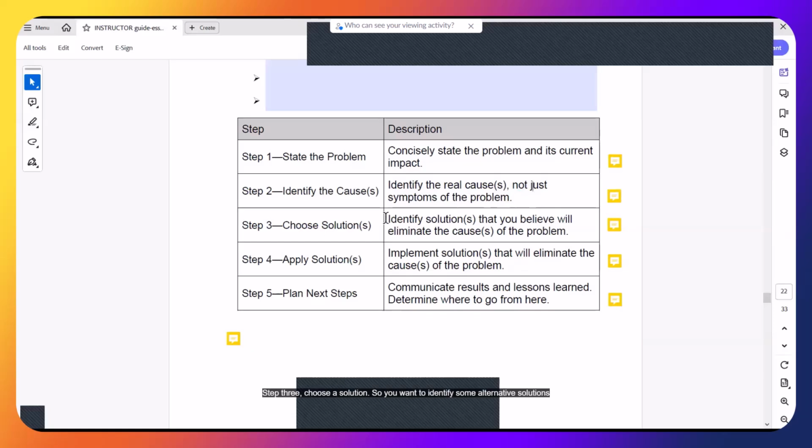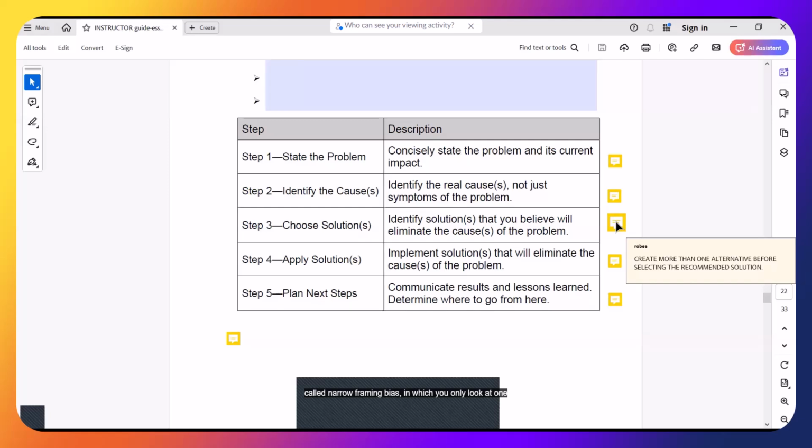So you want to identify some alternative solutions to the problem, and then eventually you'll choose the one that you want to run with. And that's the idea, is you want to create more than one alternative solution, because then you might find yourself stuck in a cognitive bias called narrow framing bias, in which you only look at one potential solution to the problem.